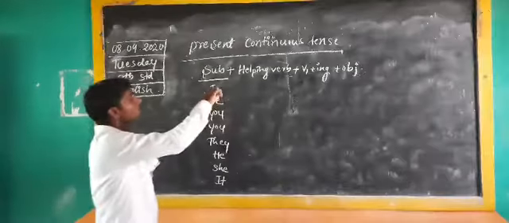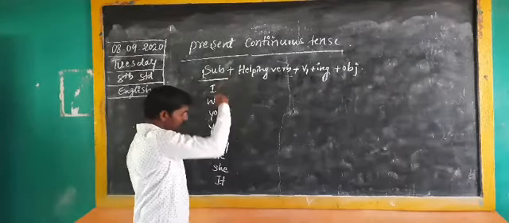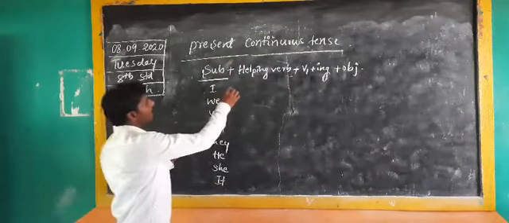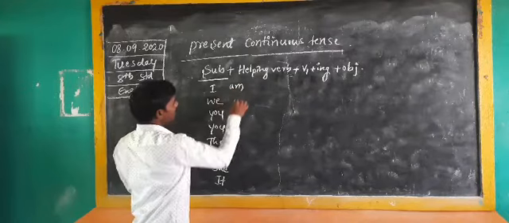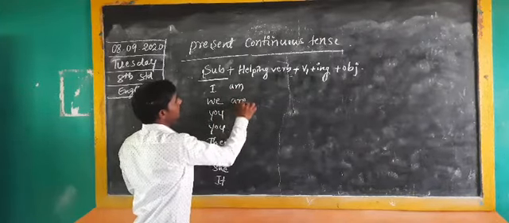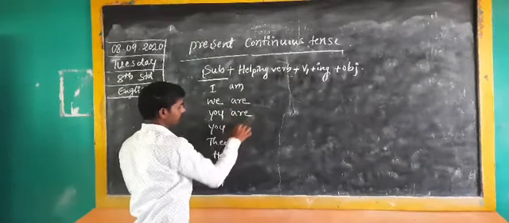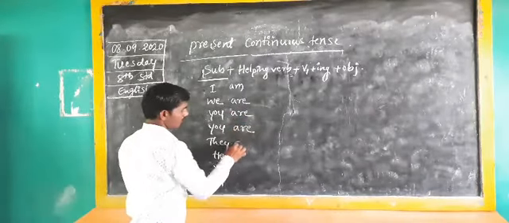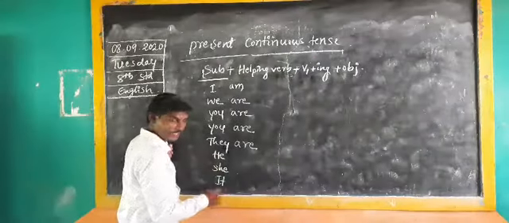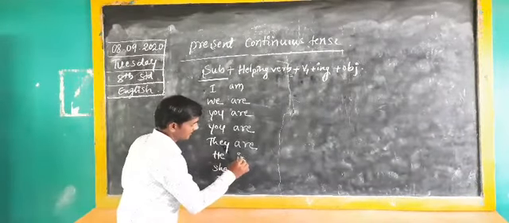In this manner, we have to understand the helping verb each of these pronouns takes in present continuous tense. I takes am. We, you, they: these all take are. The same as he, she, it, third person singular, takes is.